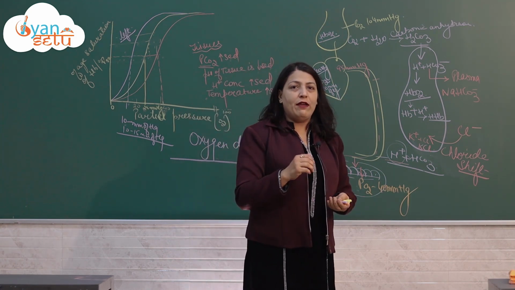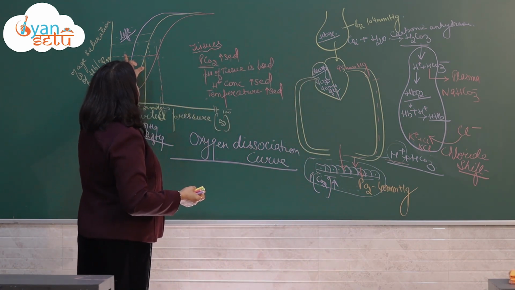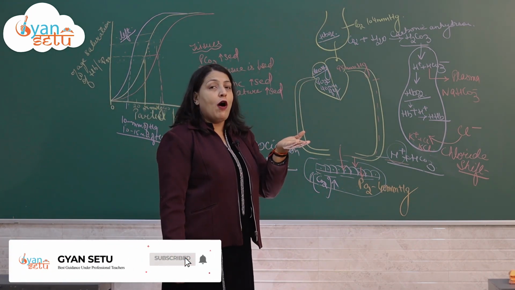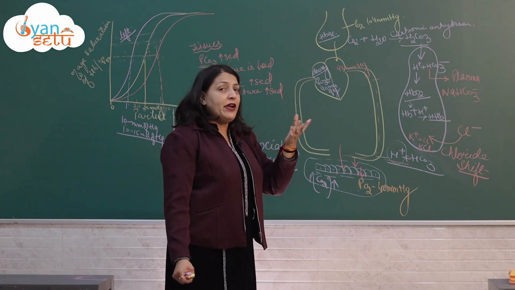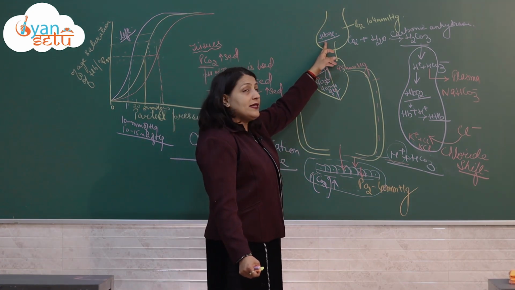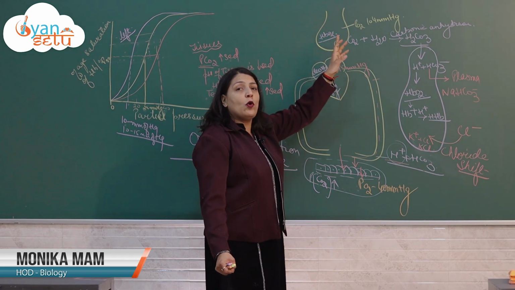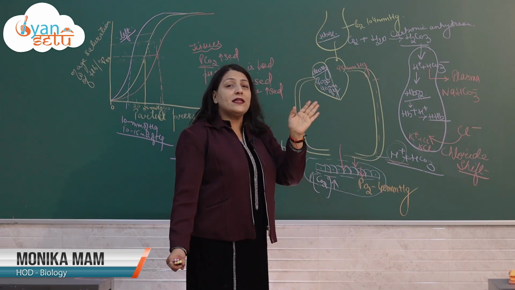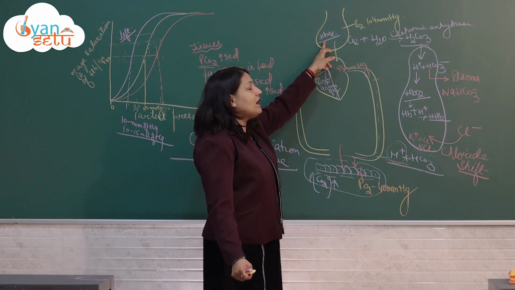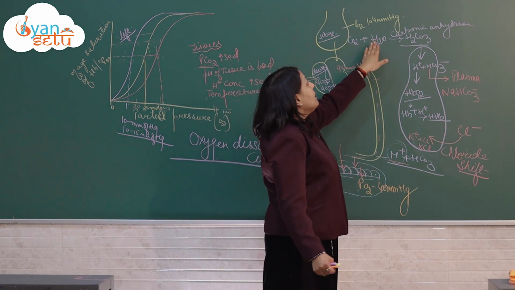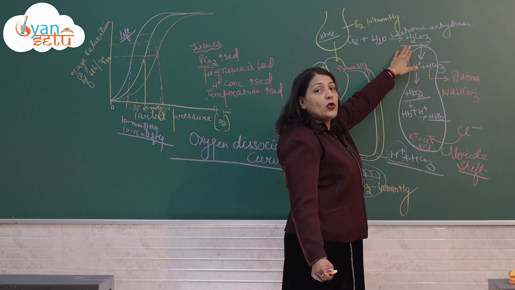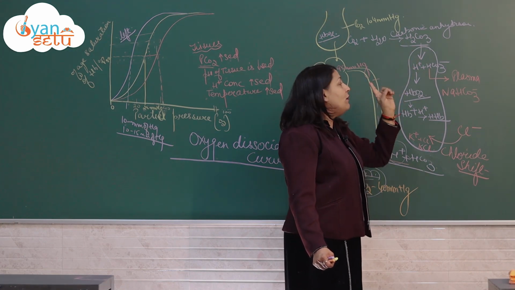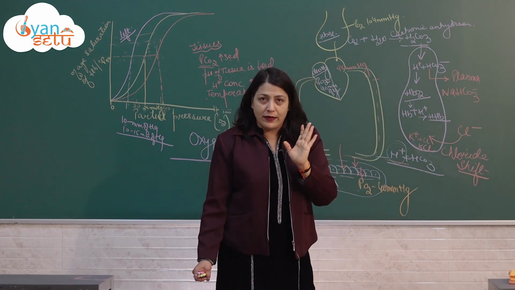What is Haldane effect? You see bache, that in the alveoli the partial pressure of carbon dioxide is low and ventilation is there, so oxygen is there. So oxyhemoglobin is already formed in the alveoli, and oxygen has no tendency to leave the hemoglobin. So the H2CO3 acid will not break up into ions.